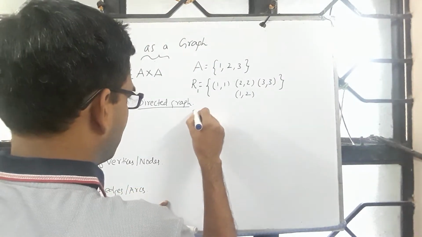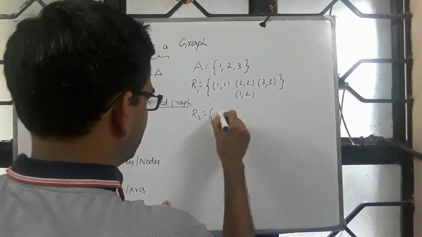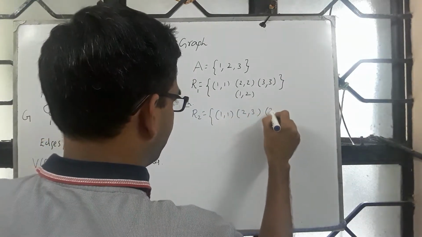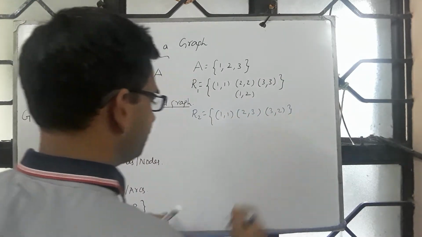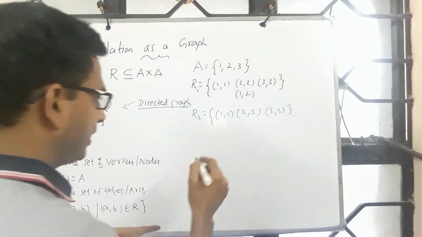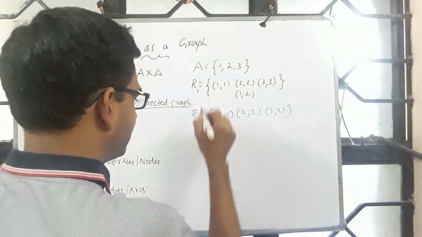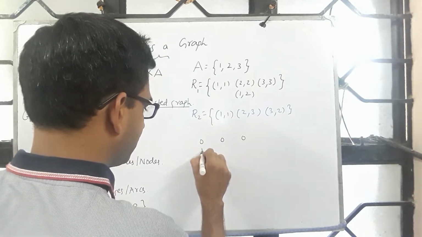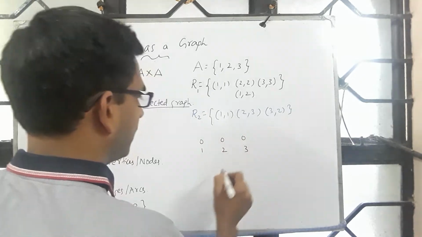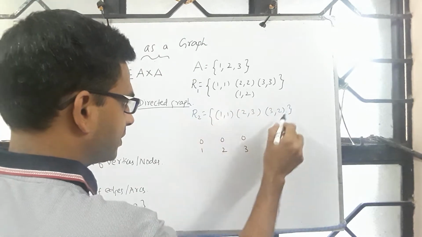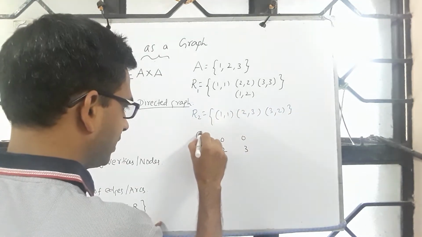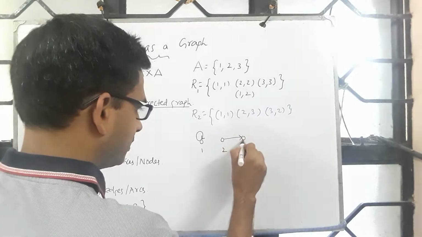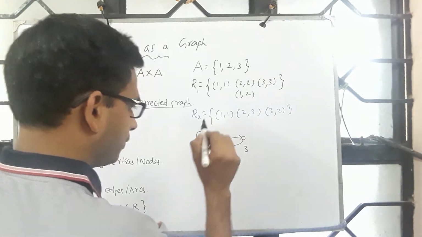Suppose R2 is {(1, 1), (2, 3), (3, 2)}. Then you see that the underlying set is the same. Each element in A gets a vertex 1, 2, 3, and the edge set is precisely this. So for (1, 1) there is an edge, from 2 to 3 there is an edge, and from 3 to 2 there is an edge.